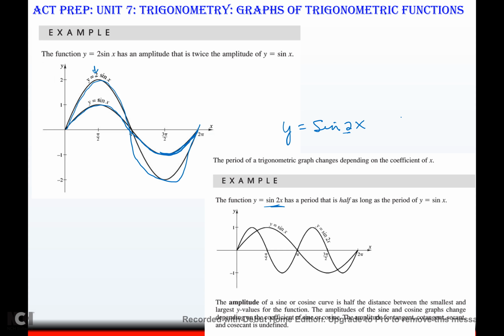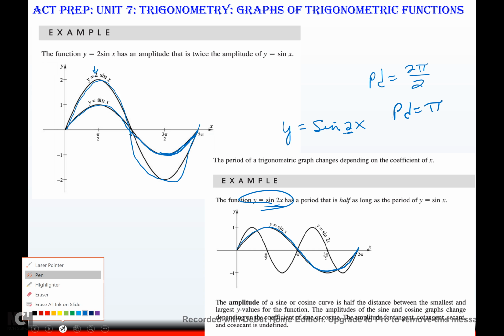Well, what that means is normally the period for sine is 2 pi. But when you mess with this, the period gets changed. So now the period for this function would be pi. So here's mother, y equals sine x.